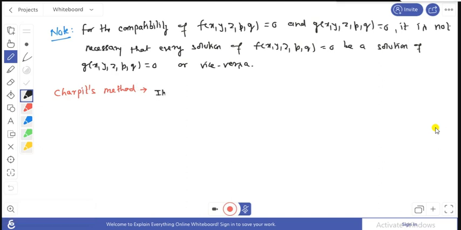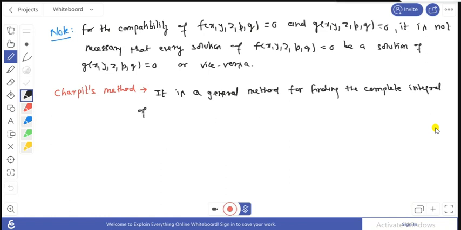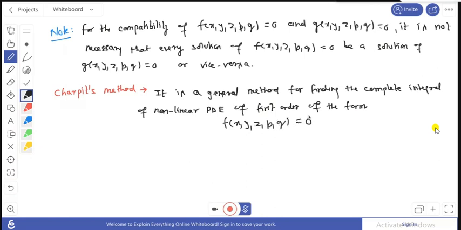This is basically a general method for finding the complete integral of a non-linear partial differential equation of first order of the form f of x, y, z, p, q equals 0. So this is your general form of any non-linear first order partial differential equation.